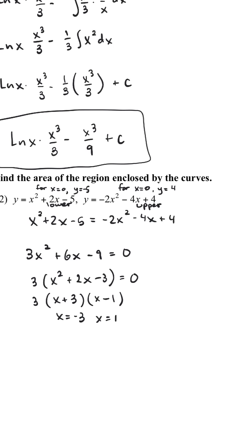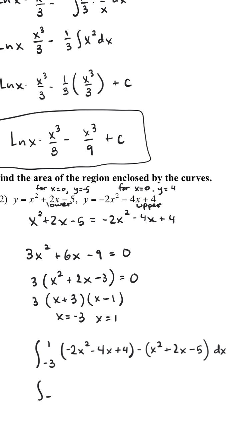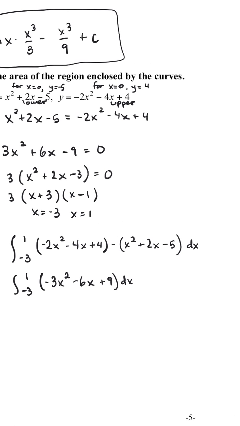So we're ready to set up the integral from negative 3 to 1. We do the upper function minus the lower function, combine those, and then find the antiderivative.